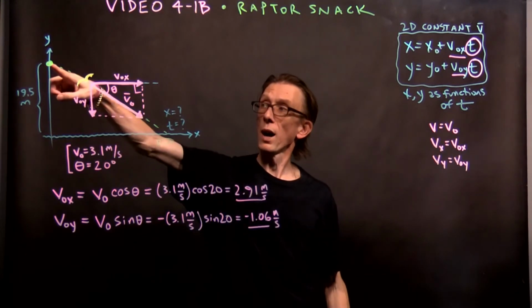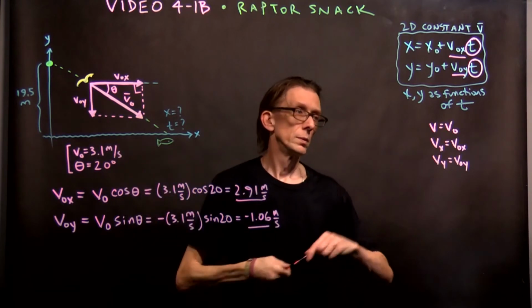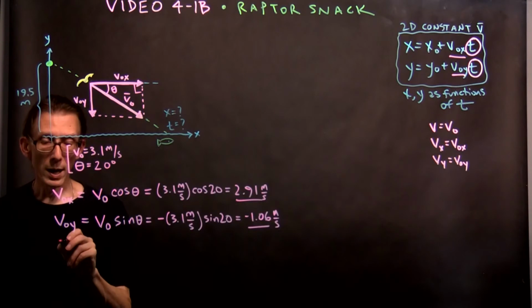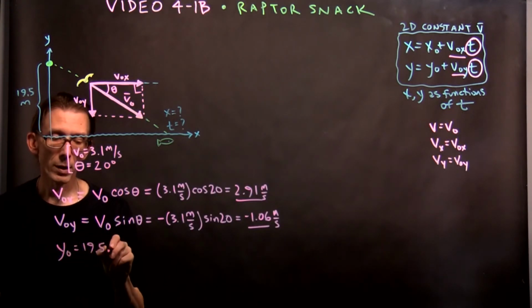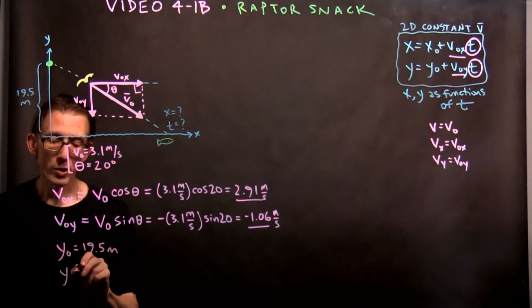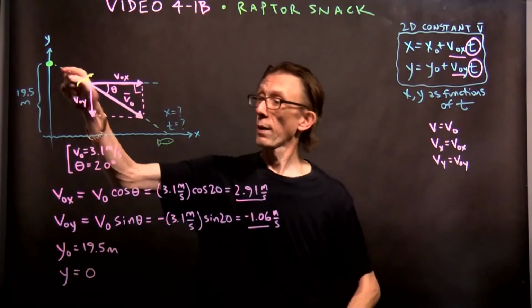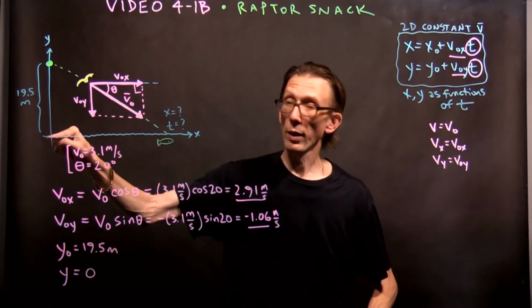We know y naught is 19.5 and y final is 0. All right? We know that y naught is 19.5 meters, and we know that the final position of y is 0, right? It's going to go from 19.5 meters to here, but this point here where the fish is has a y coordinate of 0.